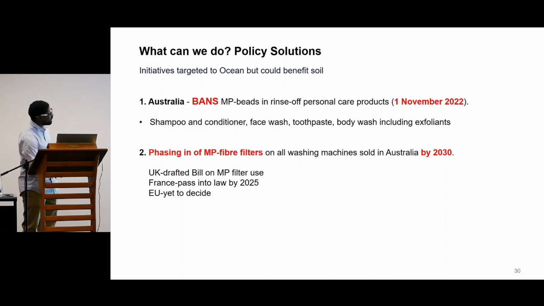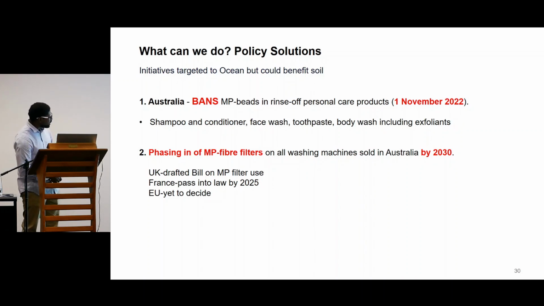For example, in Australia, there's a ban on microbeads in personal care products that I spoke of, the rinse-off products. So products do not have to add these microbeads or microplastics, for example in shampoos and conditioners, facial wash, as well as toothpaste.